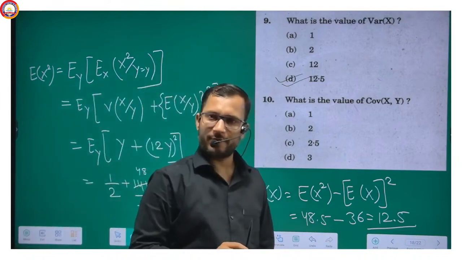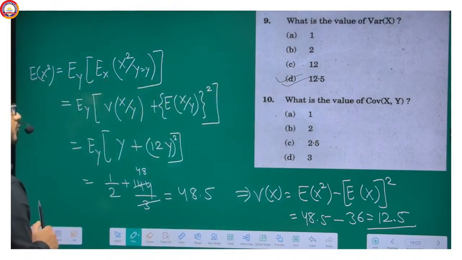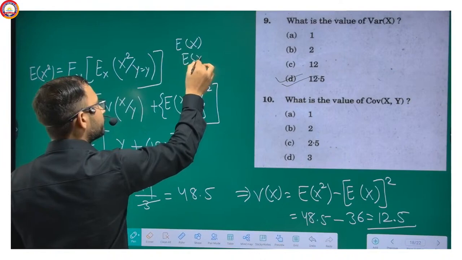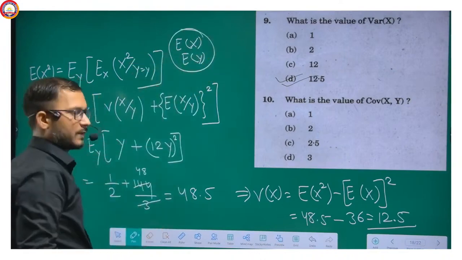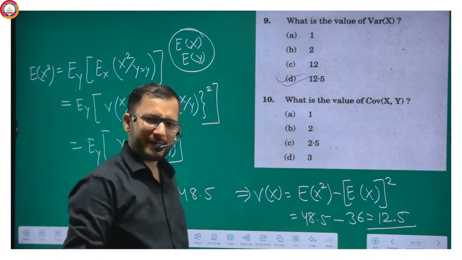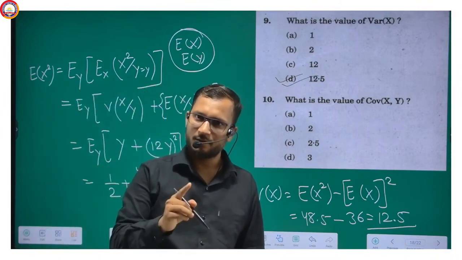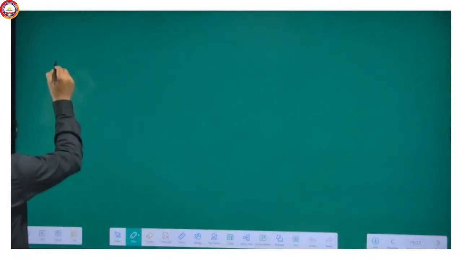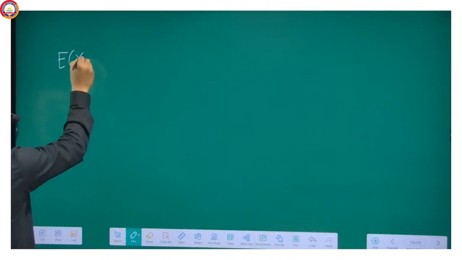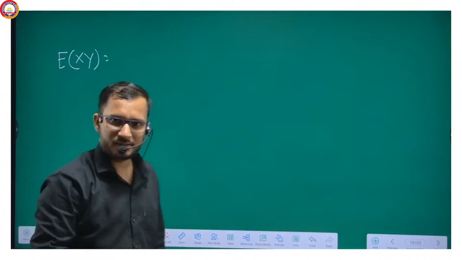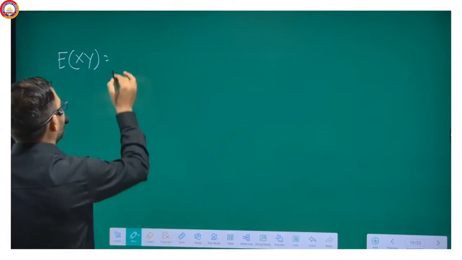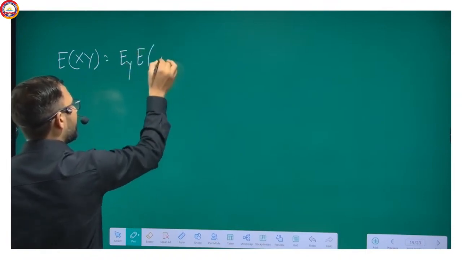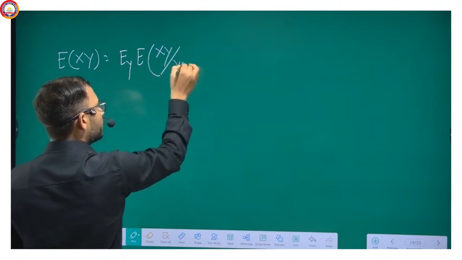Now next question is covariance of xy. We have found out the expectation of x, and the expectation of y we already know, because expectation of y is 1 by 2. So for the covariance, we need expectation of xy, isn't it? For this one, we have to find out expectation of xy, but directly we can't find. So what we do is expectation over y of expectation of xy given y equal to y.